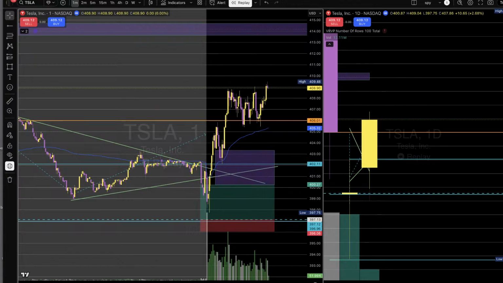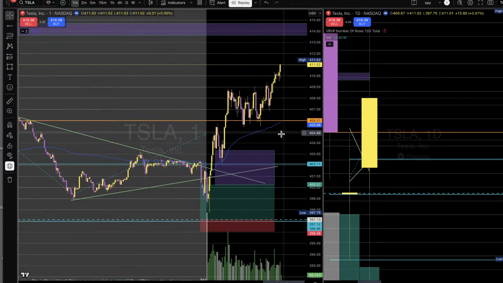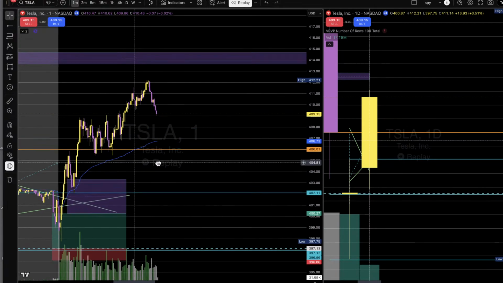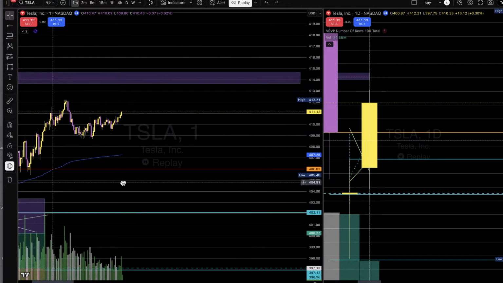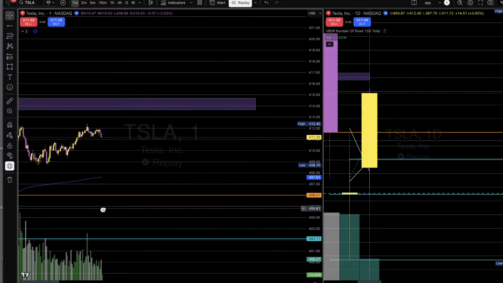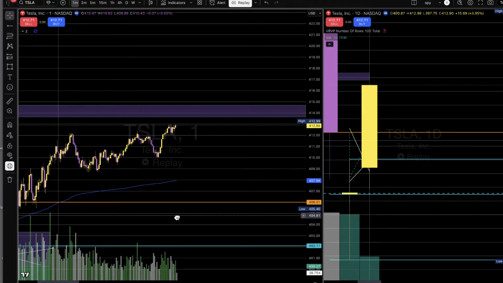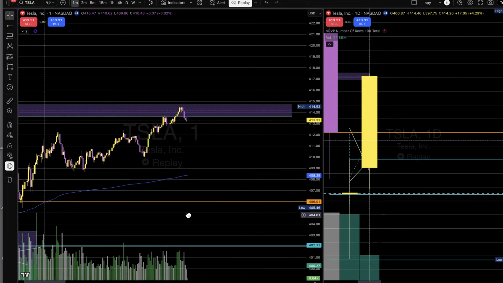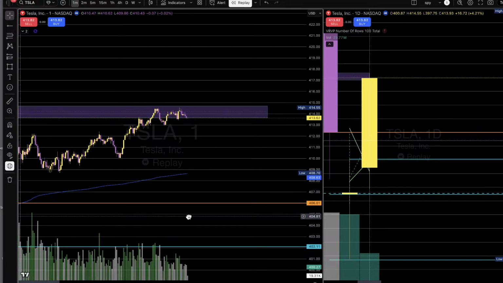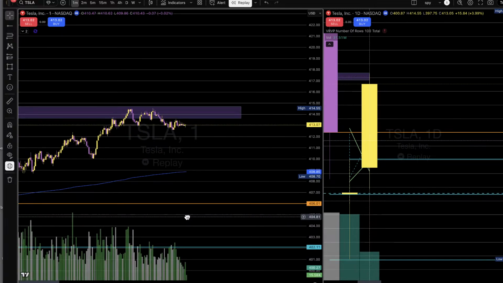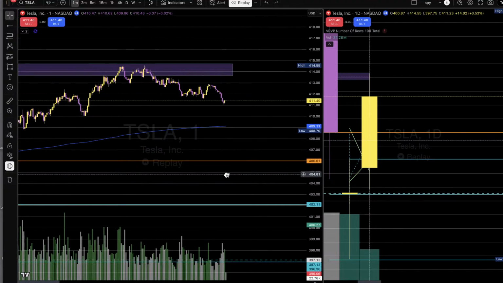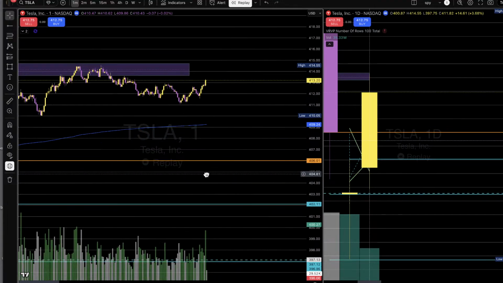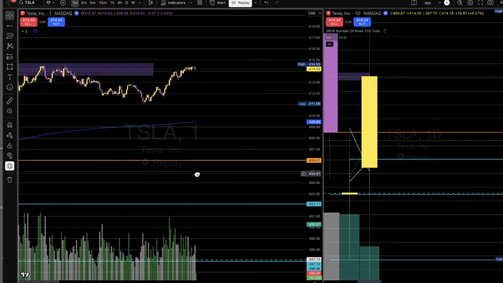Maybe we touch the liquidity zone above up there. Did we touch it? Ooh, came close. Yep, there we go. Does it reject? Is that a place to sell or just let it go? Yeah. All right.